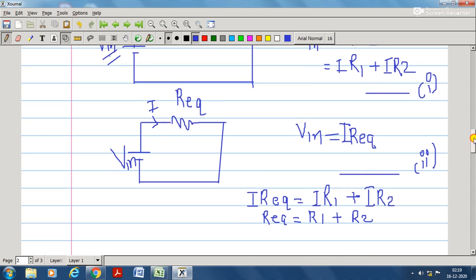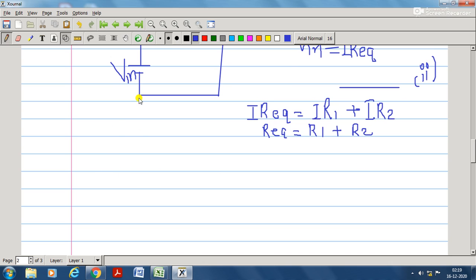Okay. Now let's say you connect n number of resistors, R1 to Rn, in series connection. Then the equivalent resistor can be found as R equivalent, which is the summation of R1 to Rn.